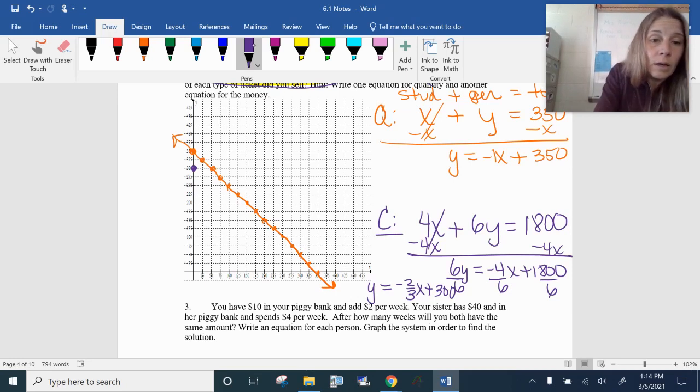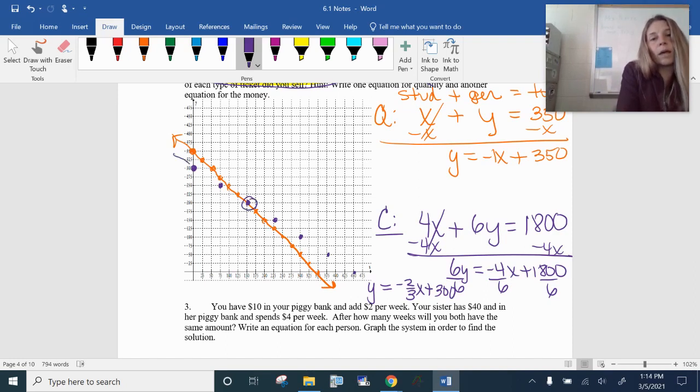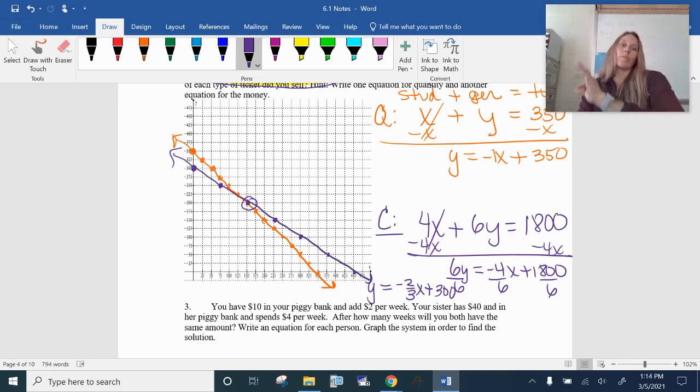So down 2 over 3, down 2 over 3, and so on. You can see this time it was a little bit easier to see that point that landed on both, because when we do that rise over run, we make so many points across.